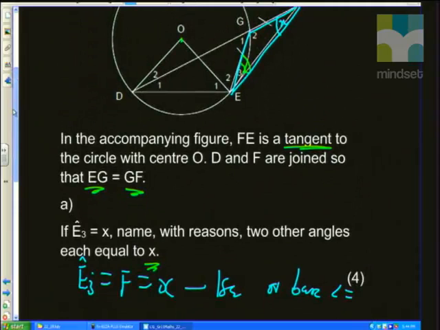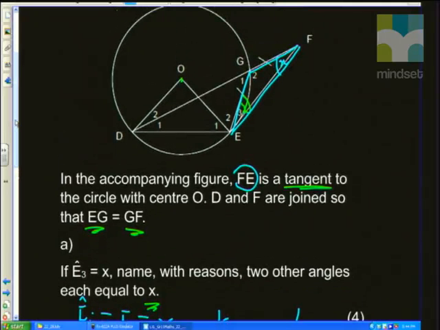Now, they were looking for 2 angles. So the first one is that, and we are told that FE is a tangent. This is a chord, this is a tangent, angle between the chord and the tangent will be equal to that angle there.